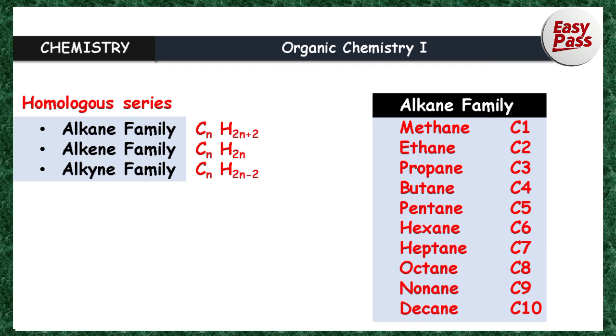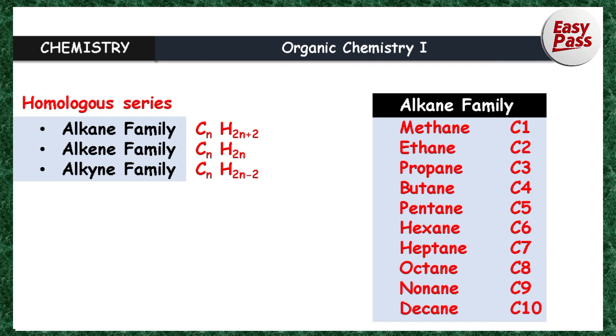By nature of this formula, with the formula for alkane, let's solve for C1, which stands for methane. The number of carbon determines the value of n. If your carbon is 1, your n is 1.